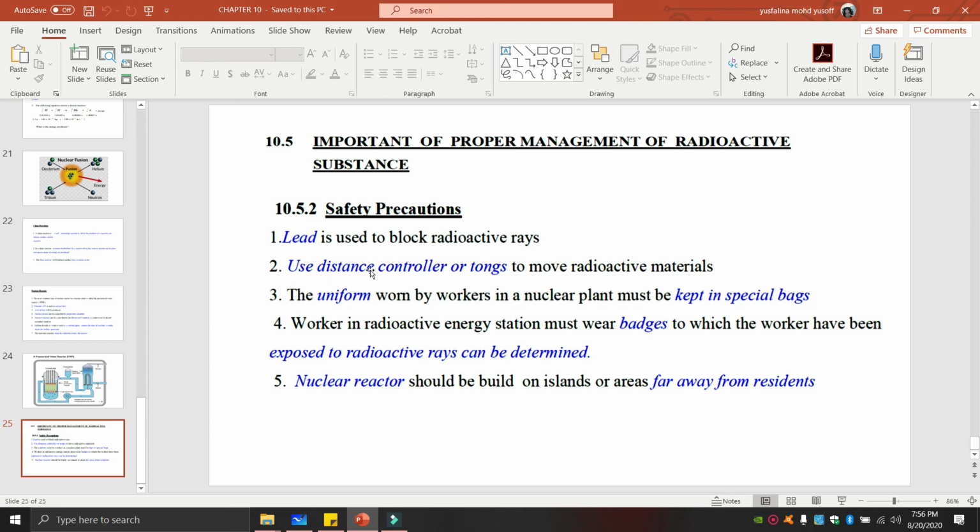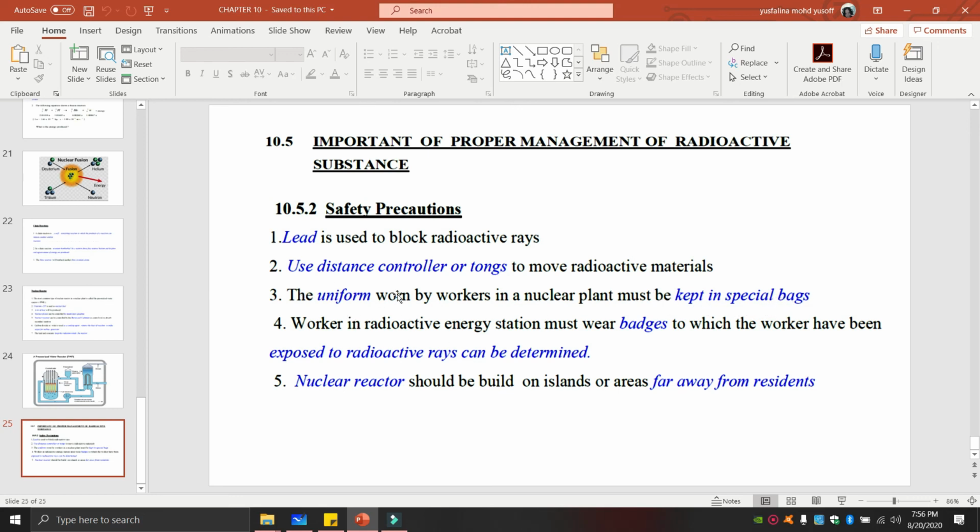Number two, use a distance controller or tongs to move radioactive material. We cannot use our hands, so we use tongs, or we can use a robot, and use a remote control to control the robot to move the radioactive materials.